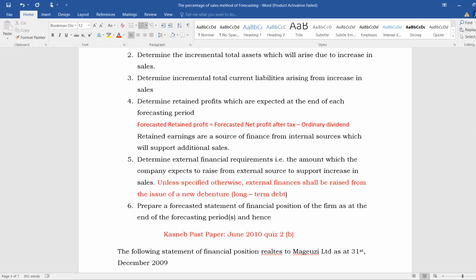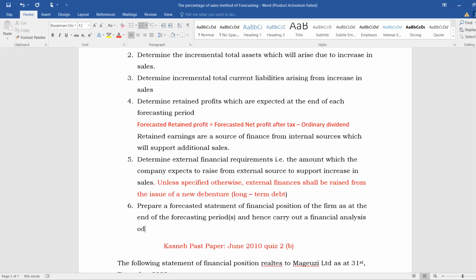And hence, carry out a financial analysis of the firm, preferably using financial ratios.